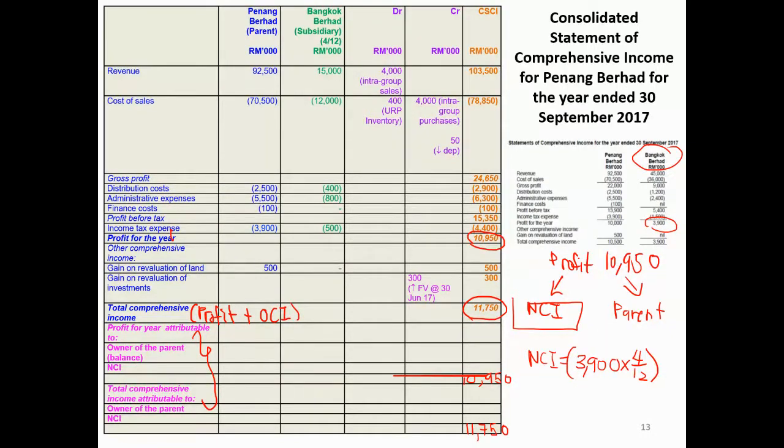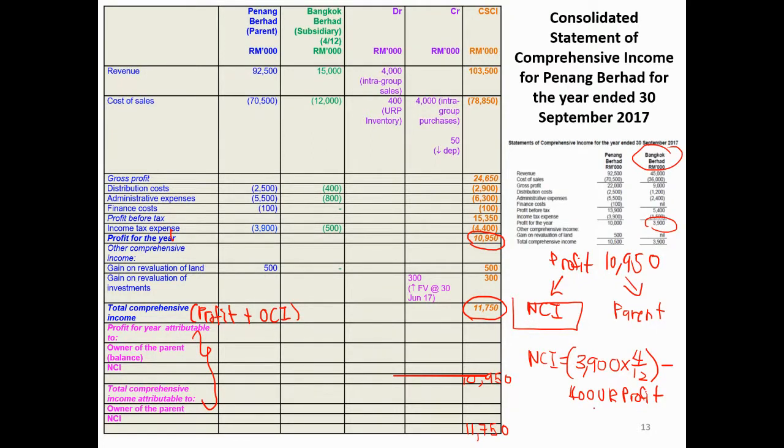So this 400K, you have to adjust in your NCI profit calculation. So what must you do now? That figure here minus 400K unrealized profit. Why? Because it is from upstream sales. If you do downstream sales, you don't need to minus this 400K unrealized profit.